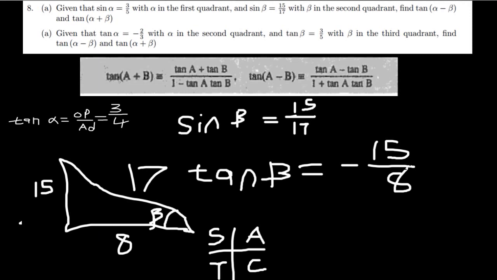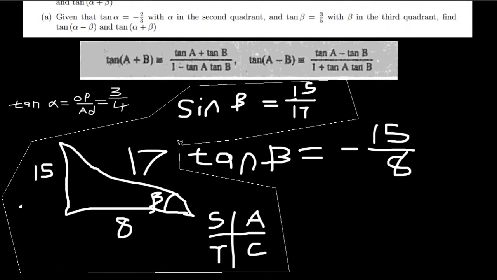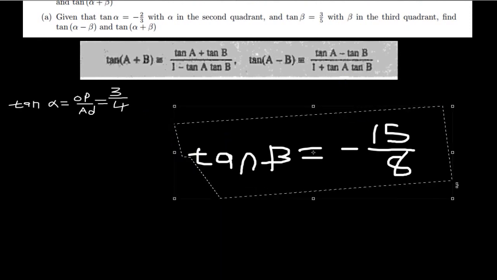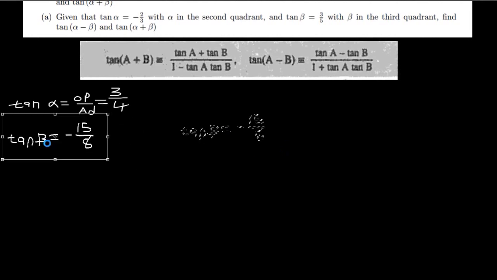So from there now we can start solving the question. This is all I needed, so I'm going to erase the rest. So this is my tan beta, and I also have tan alpha there.